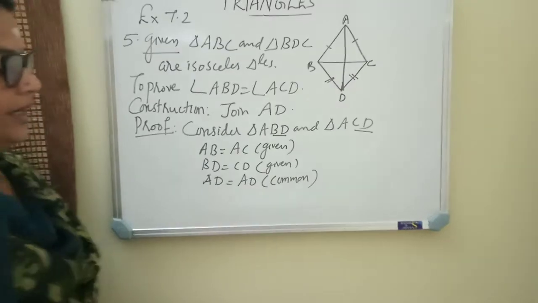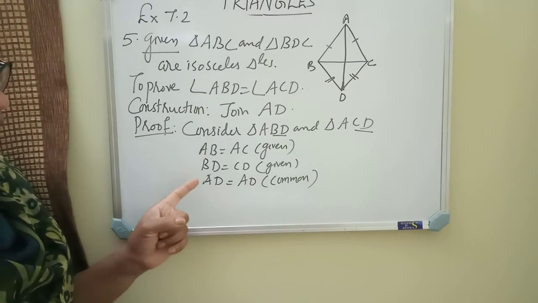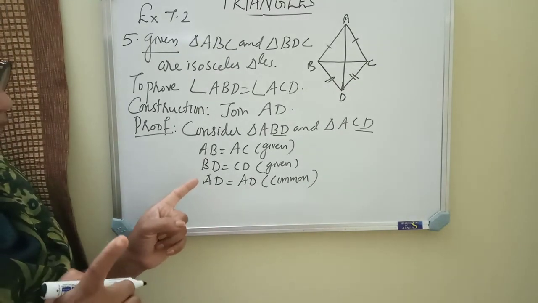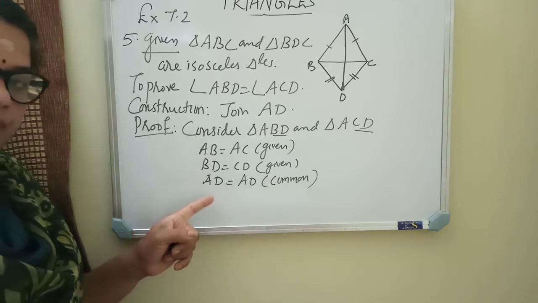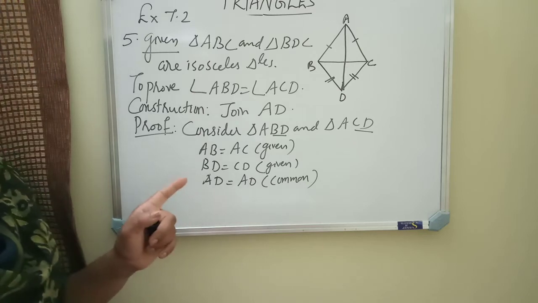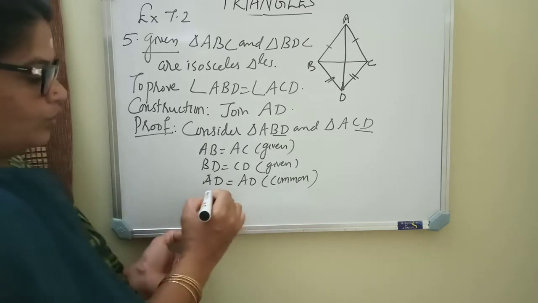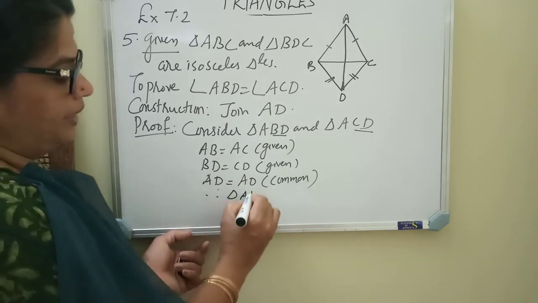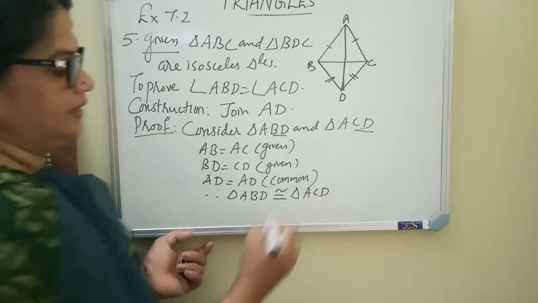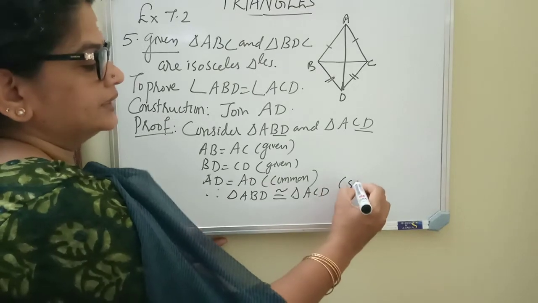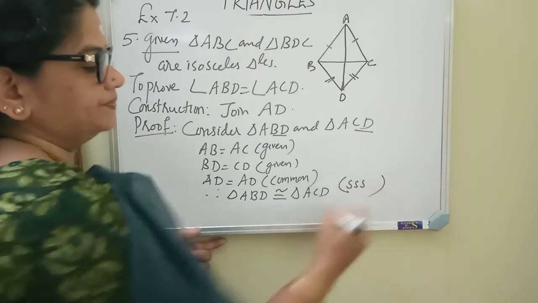So a triangle's three sides are equal to the other triangle's corresponding three sides. Then we can say that these two triangles are congruent by which congruency? SSS congruency. Therefore, triangle ABD is congruent to triangle ACD by SSS congruency.